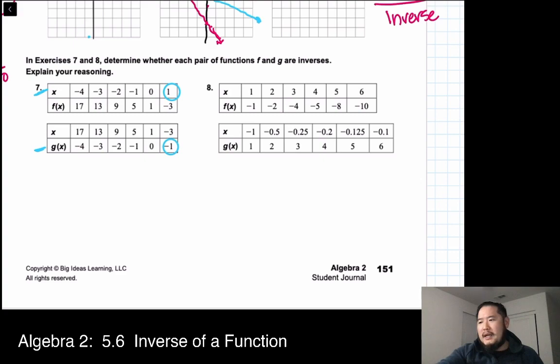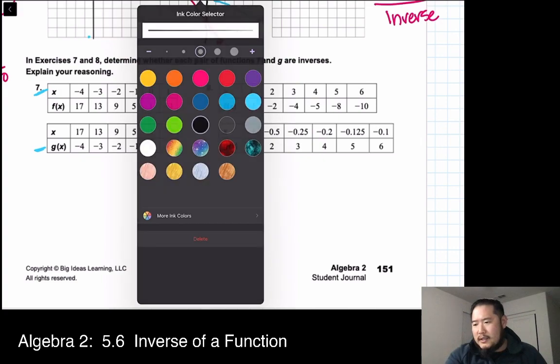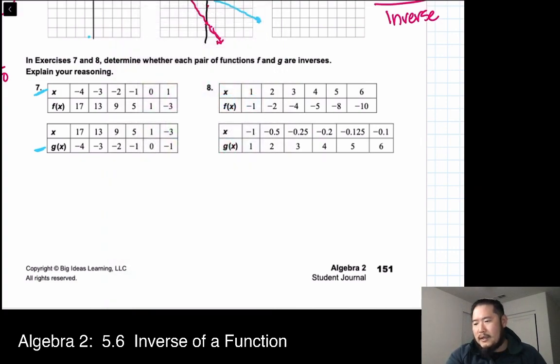So let's just say, for the sake of our problem, because this one's actually supposed to be yes, I think they had a typo right here. And let's just say that this right here is +1, because everything else looks the same, right? If we look now at these values, x, that's now y, 17, 13, 9, 5, 1, -3.